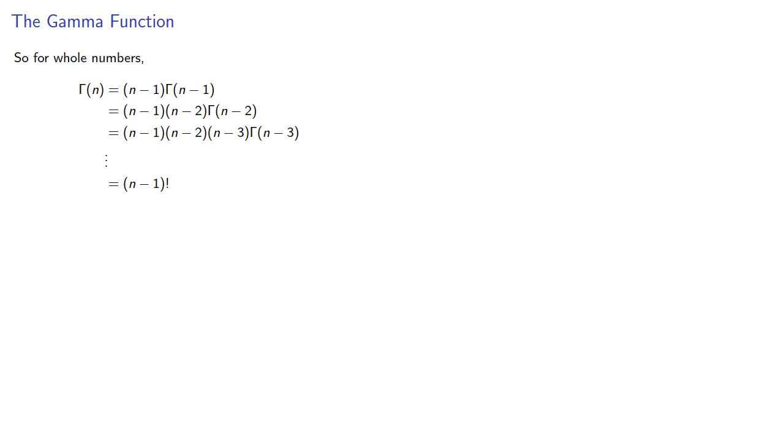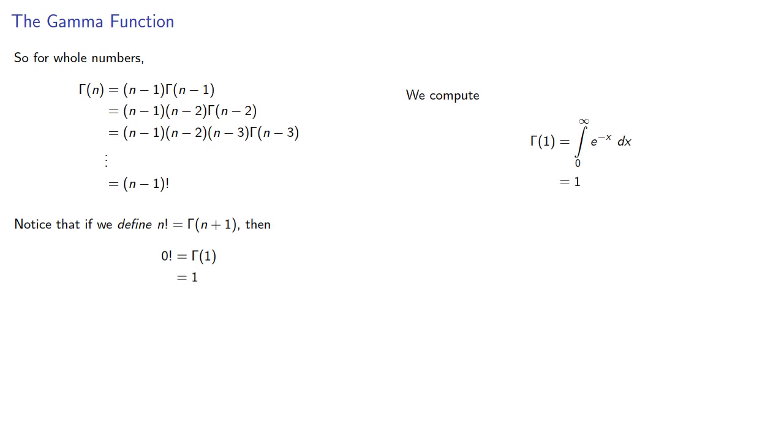And notice that if we define n factorial to be gamma of n plus 1, then 0 factorial is gamma of 1, which is just 1. So instead of coming up with some torturous argument of why it makes sense that 0 factorial is 1, we can just compute it directly.